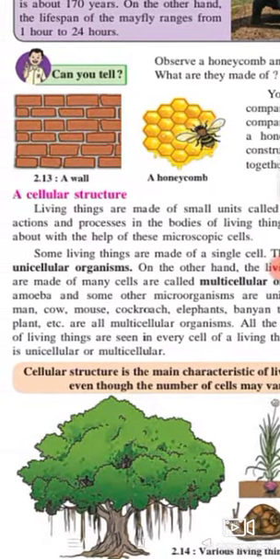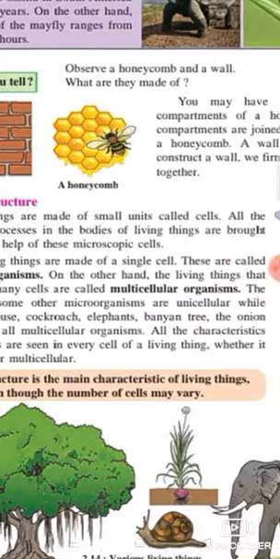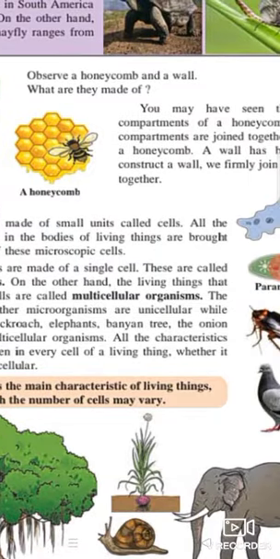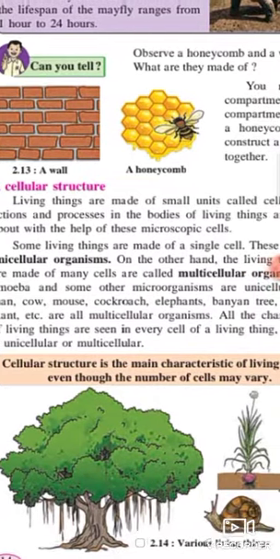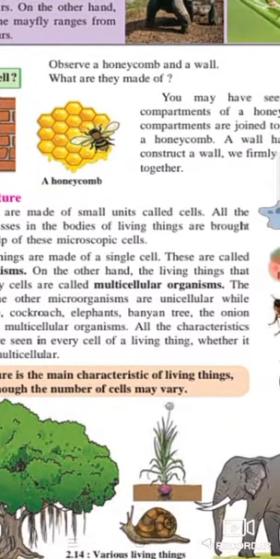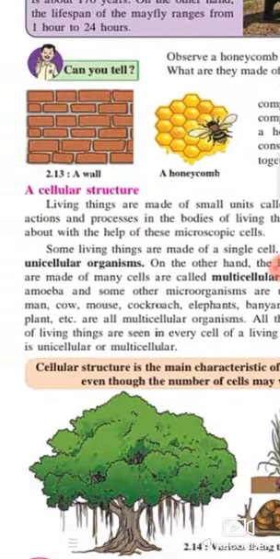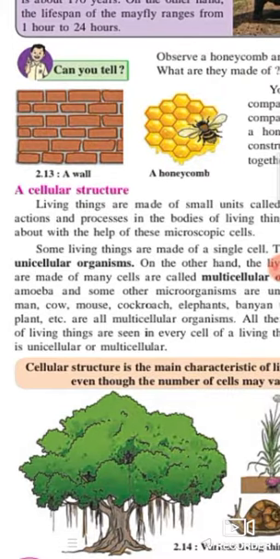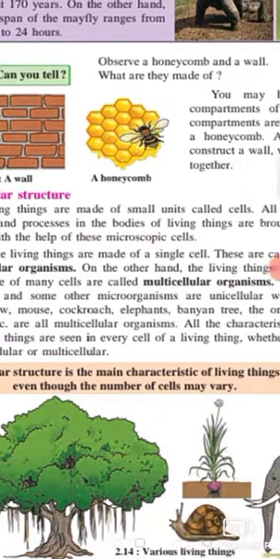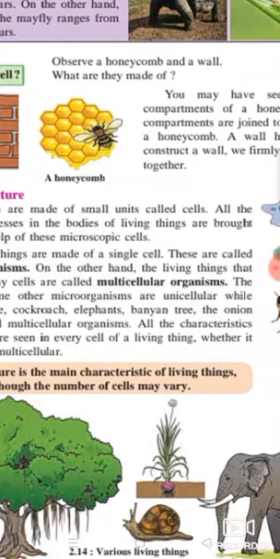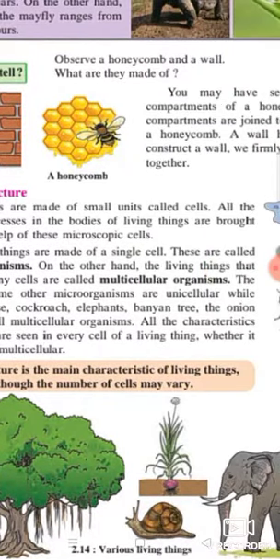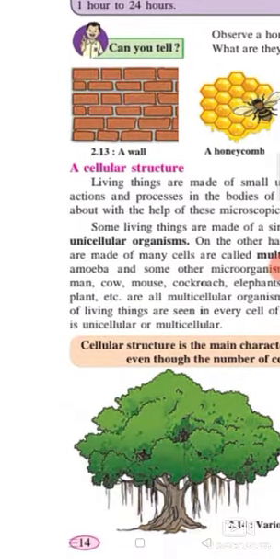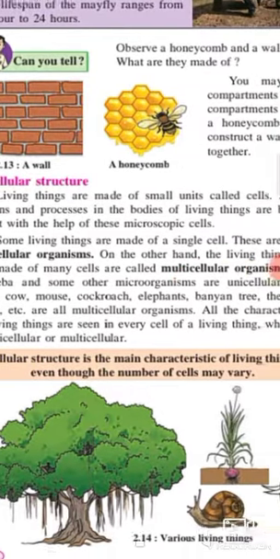The amoeba and some other microorganisms are unicellular, while man, cow, mouse, cockroach, elephants, banyan tree, the onion plant, etc. are all multicellular organisms. All the characteristics of living things are seen in every cell of a living thing, whether it is unicellular or multicellular.